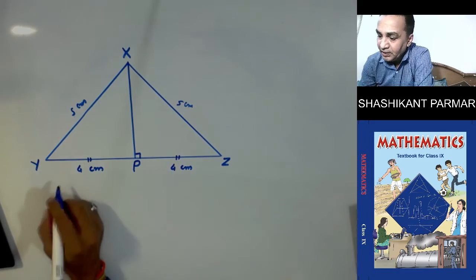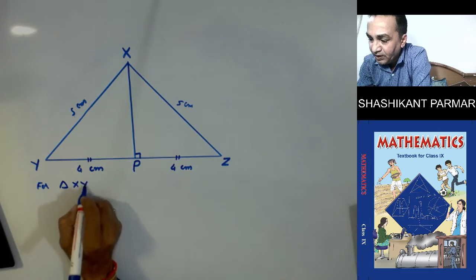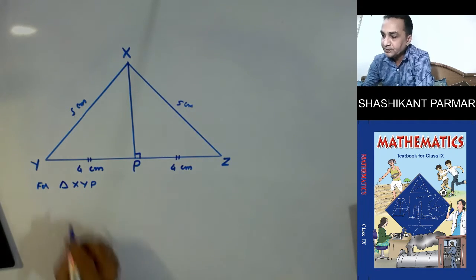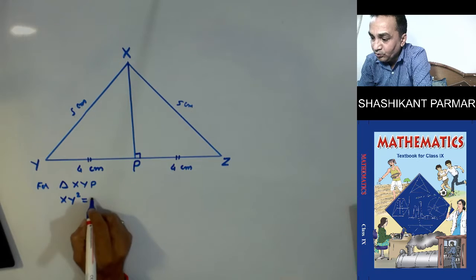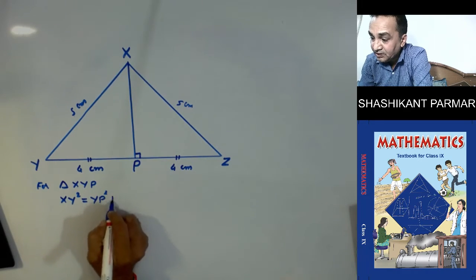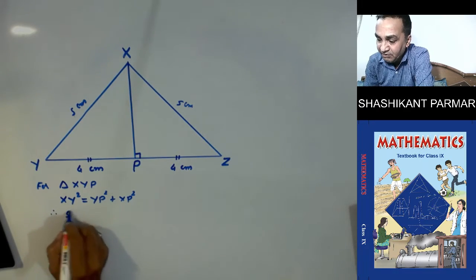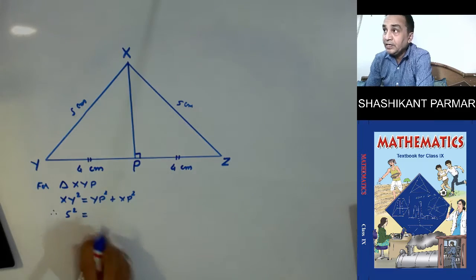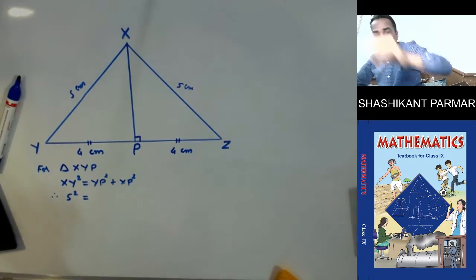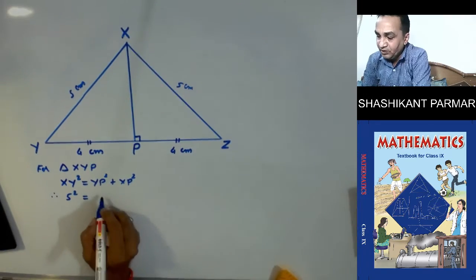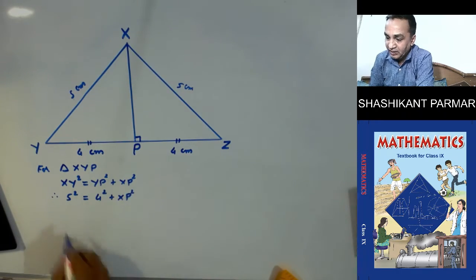So in the triangle XYP, XY square is equal to YP square plus XP square. Therefore 5 square is equal to 4 square plus XP square.